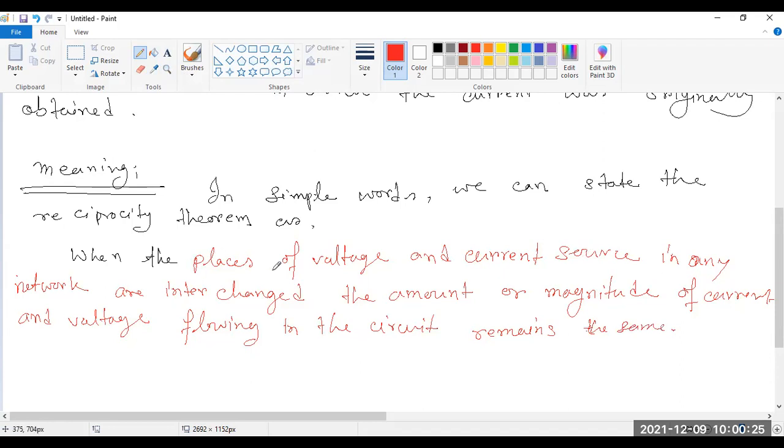Look, when the places of voltage and current sources in any network are interchanged, then the amount or magnitude of the current and the voltage flowing in the circuit remains unchanged.